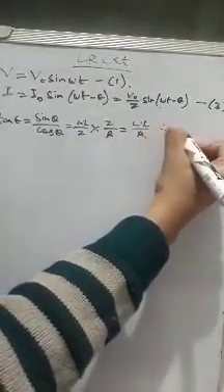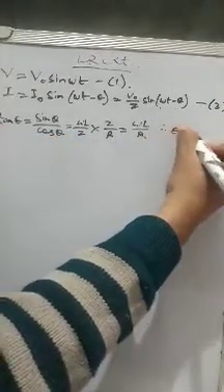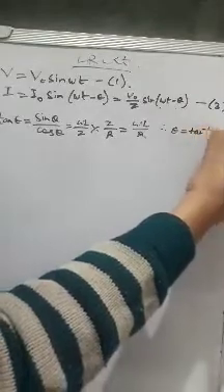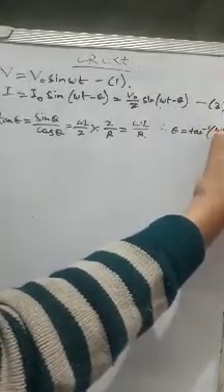So what will be the value of theta? Therefore, theta will be tan inverse omega L by R. This is also what you have learned in the maths classes. So this is basically the phase relation that you can draw from the first and the second equation.